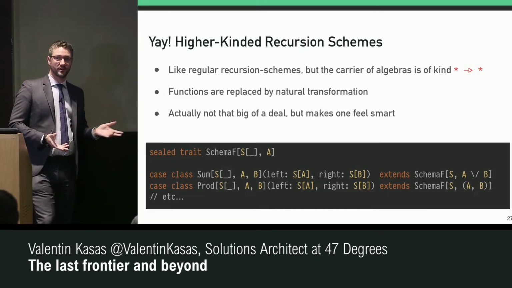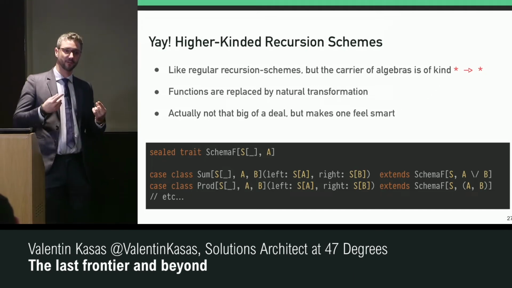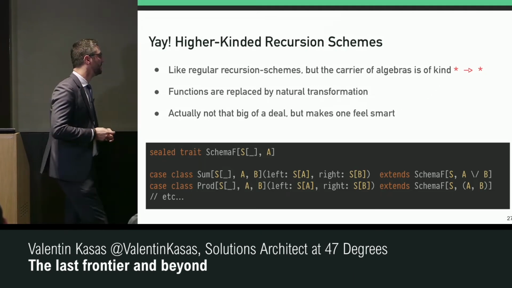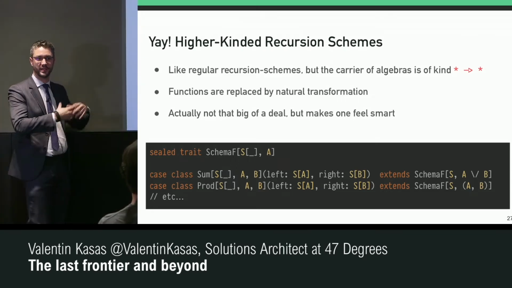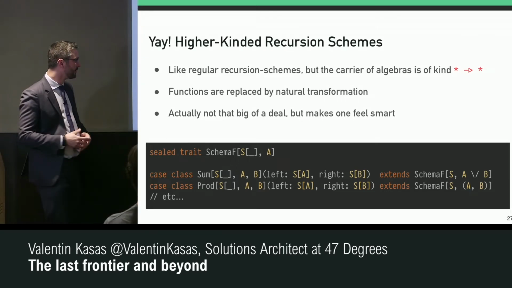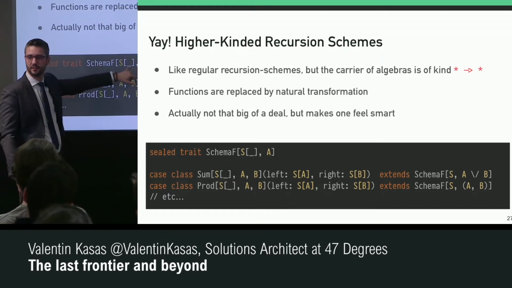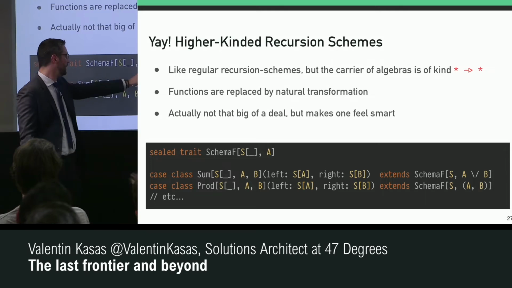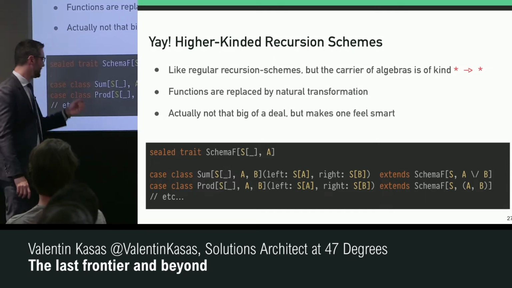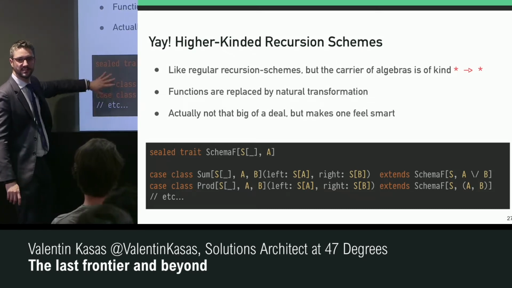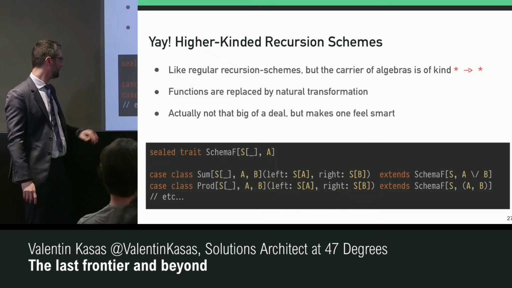In higher-order recursion schemes, I do that, but with a functor instead of just a type. So that's it. That's my pattern functor, the base of my schema. It takes two type parameters: this recursive slot, and A, the type that is represented by this schema. What I show here isn't the whole ADT, but the most important nodes of it.